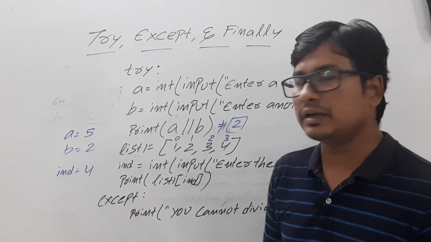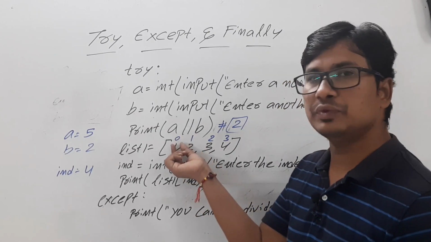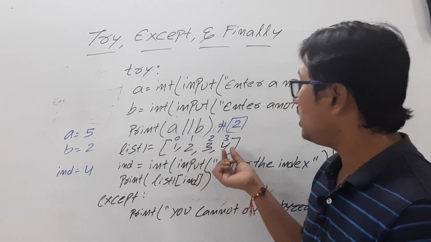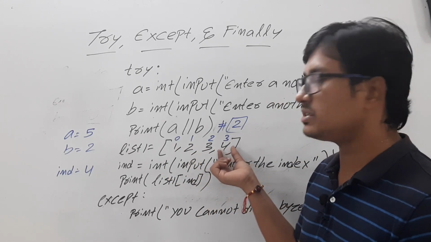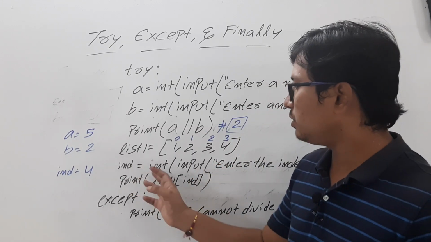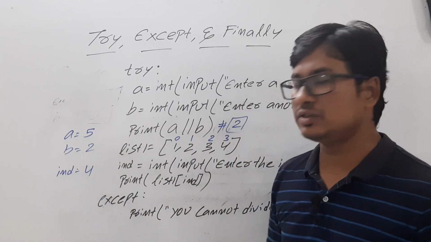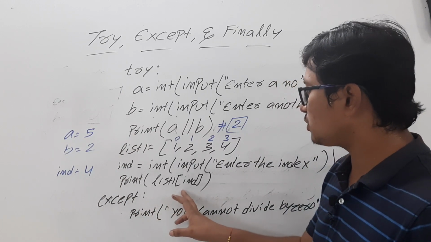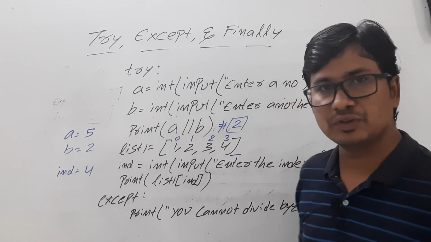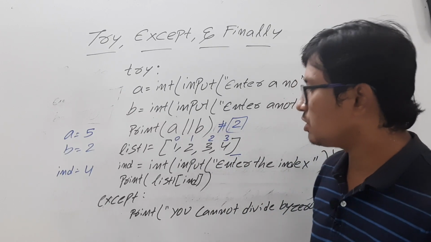The programmer does not know that the index starts from 0. He is thinking that the index will start from 1, and he wants to print the value at index 4 according to him. So he has entered the index value 4. Now print list1 of 4. Is there any value at index 4? Am I right? In this case, what will happen?